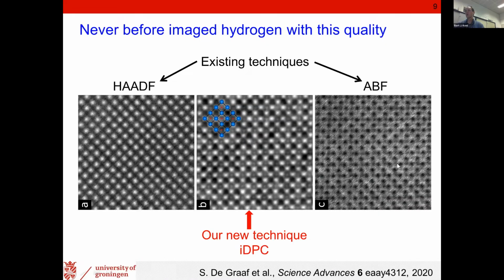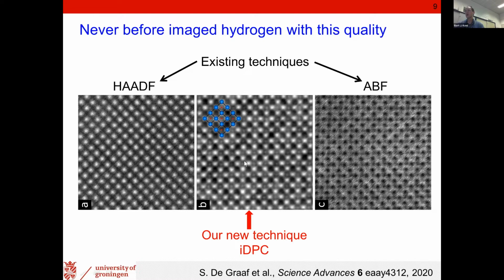But if we go further away from the interface, we have higher quality regions in the specimen, and then you really can see beautifully the difference between annular dark field, where we only see the heavy atoms, and annular bright field, where we do not use in a smart way the low angle scattering, and we have quite some noise. But if we use exactly the same electrons, and we use in a smart way the 4 segments of the detector, then you can see nicely the hydrogen atoms in between the titanium.